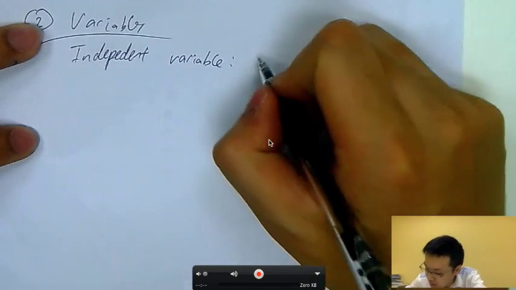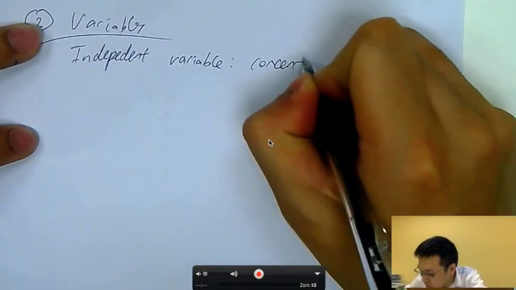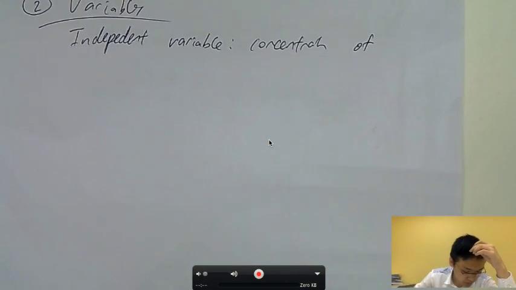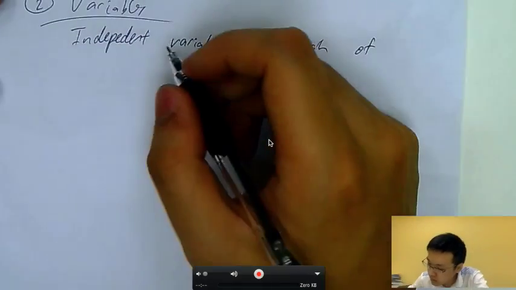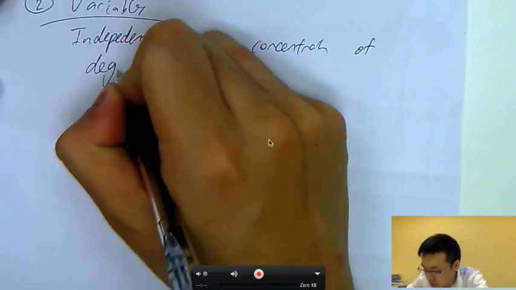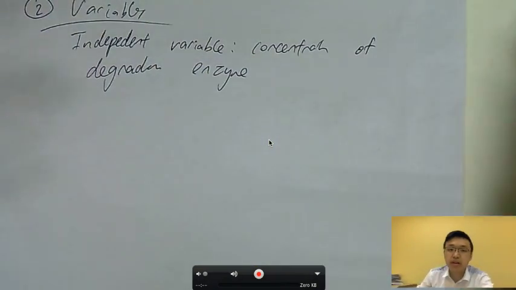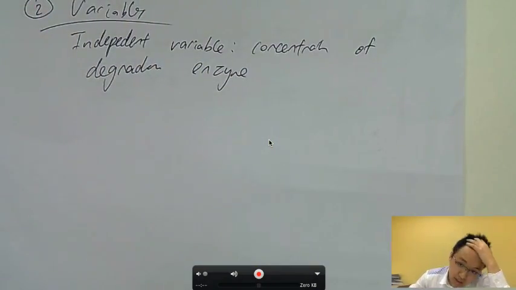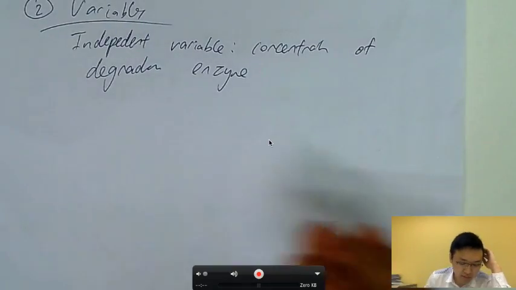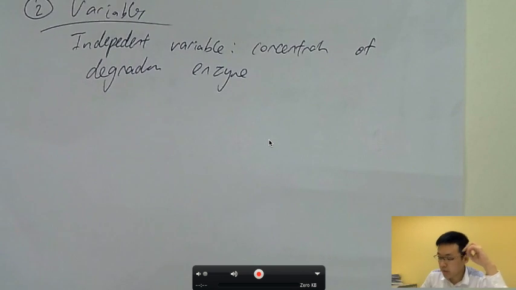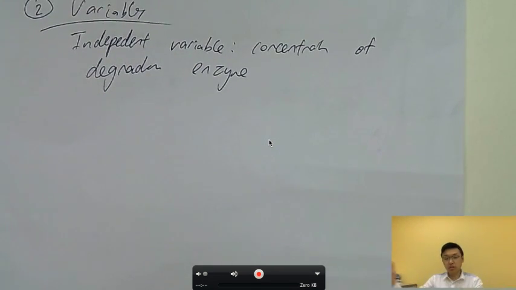It is basically the concentration of degradation enzyme. But one thing you want to take note of is that for the independent variable, you should also state clearly what concentrations you will test. When you're testing different concentrations, which concentrations?